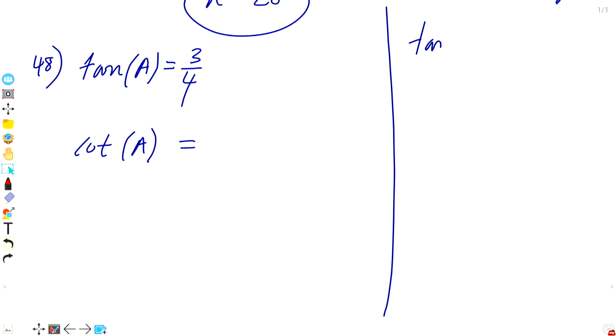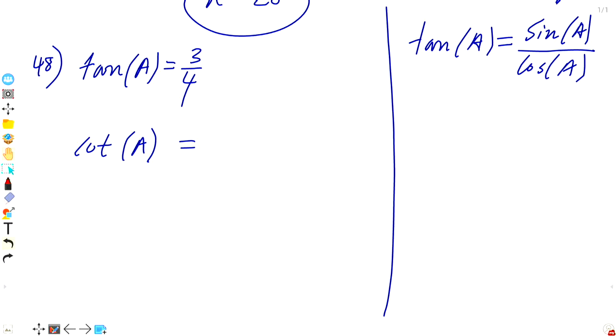Tan A can be written as sin A divided by cos A. Write it down. These are the things we learned from the papers, guys.